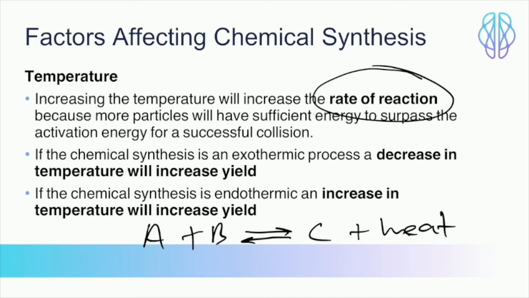Again, let's tie in Le Chatelier's principle. There's a complete video on Le Chatelier's principle, but we can revisit some of that today as well. So, if I decrease the temperature, the system is going to shift in a way to minimize the change that I've imposed. I've decreased the temperature, so the system will try to make more heat to counteract that change, right? So it'll be shifting from left to right to make more of C. The converse is also true.